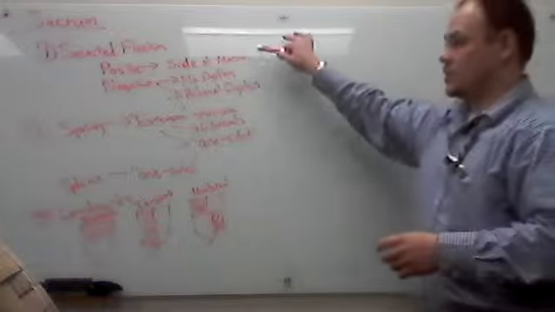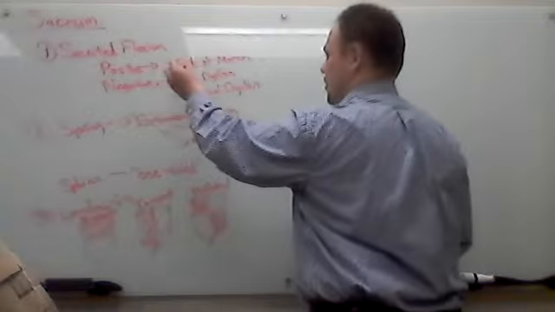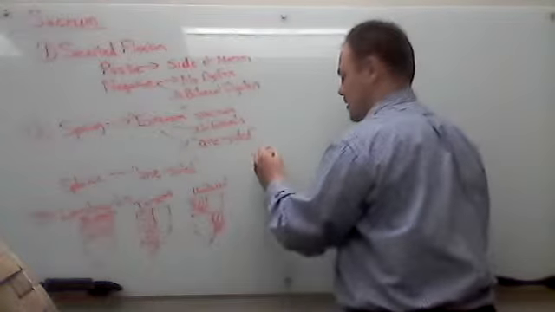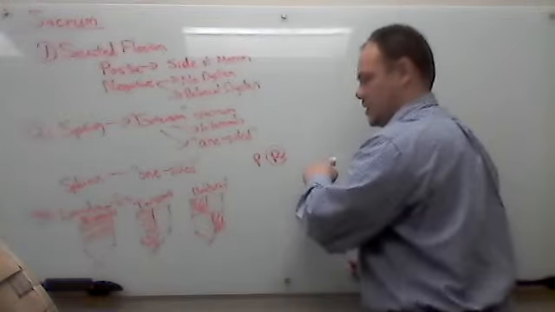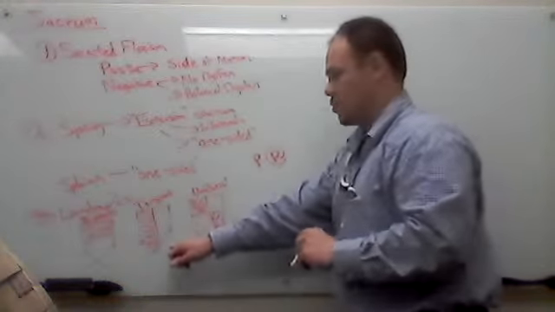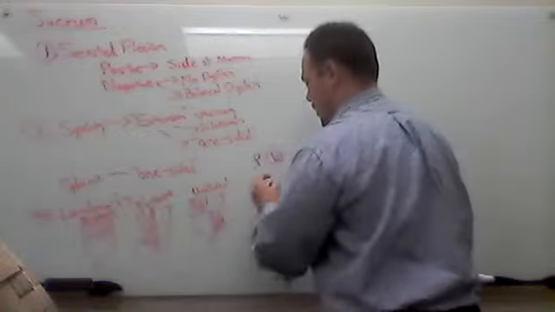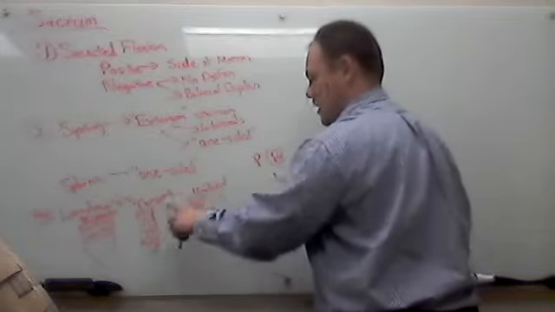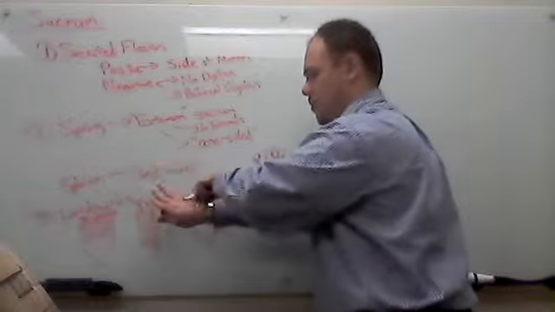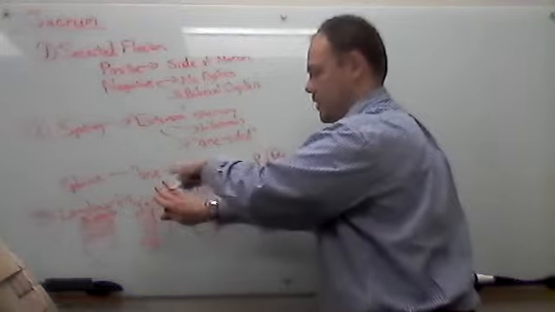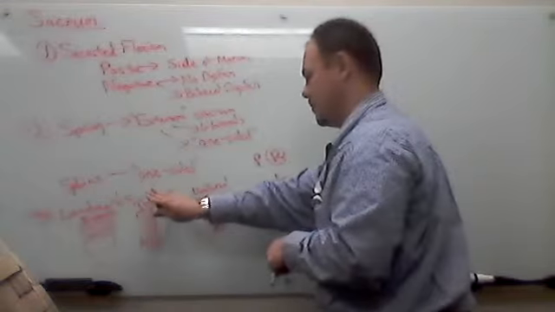So again, with the seated flexion test, if you end up with a positive seated flexion test on, let's say, the right side. If it is a torsion, you're going to end up with a left axis, because the side of motion is going to be on the right side while the left axis holds it in place.